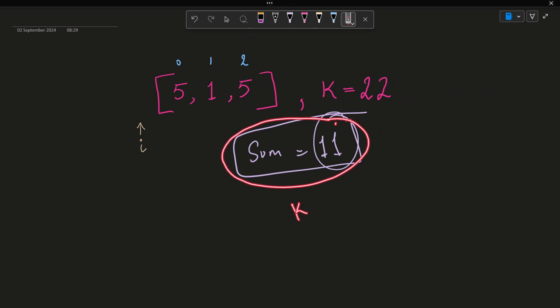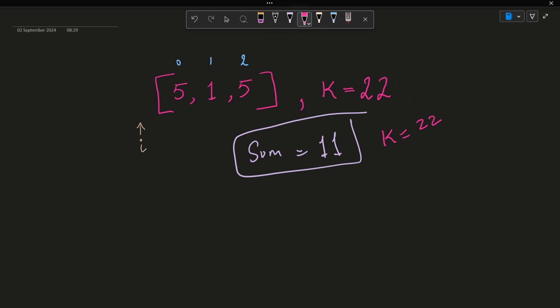What I'll do is k is equal to k modulo sum, and this is the operation that I'm going to use. The whole idea is exactly the same. Since sum is 11, k is equal to 22 modulo 11, which is exactly 0.